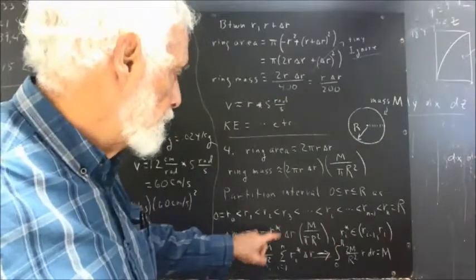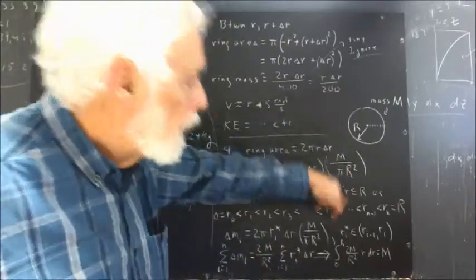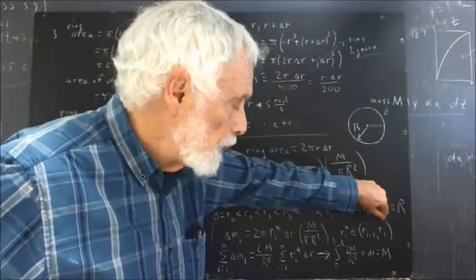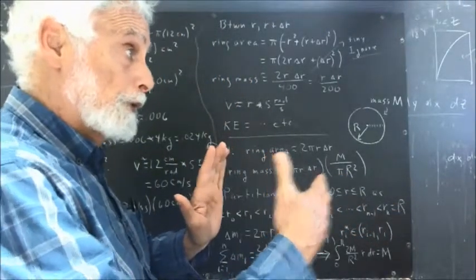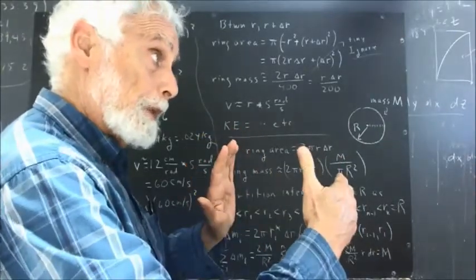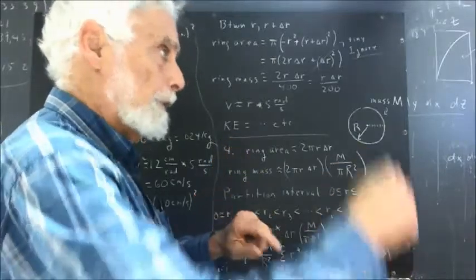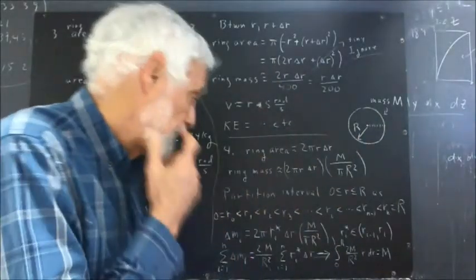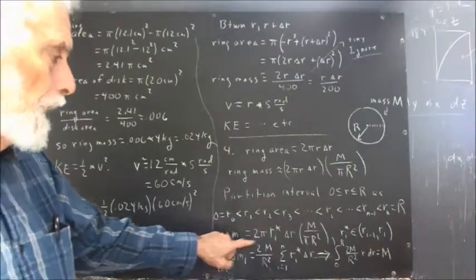Except now I've got that R sub i star. What does that mean? Well, R sub i star is some R between R sub i minus 1 and R sub i. Our ring goes from radius R sub i minus 1 to radius R sub i, and R sub i star is just going to be a sample radius in between. So this is what we take for our mass of the ith interval.